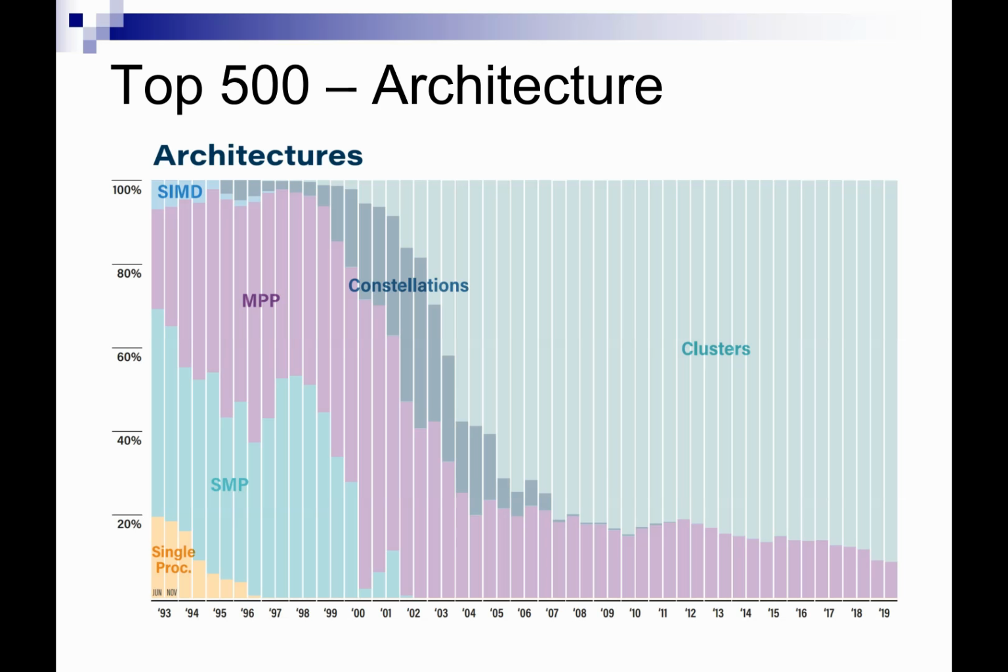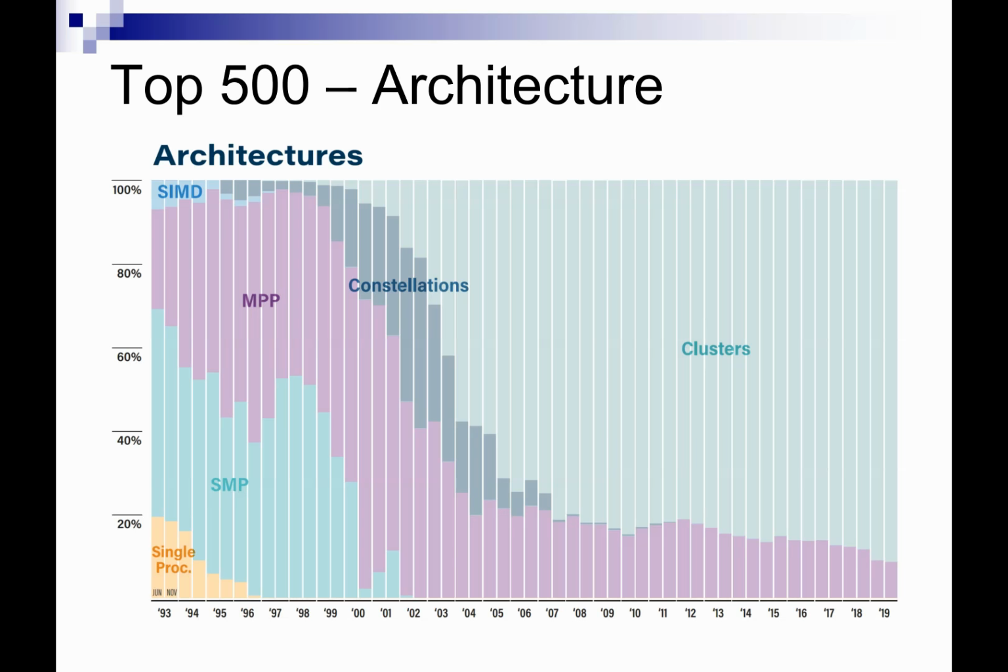But as you can see, the single processor architecture died out quite quickly, because it's simply impossible to build one processor which is very, very fast. So if you want high speed, you're going to have to use multiple processors.